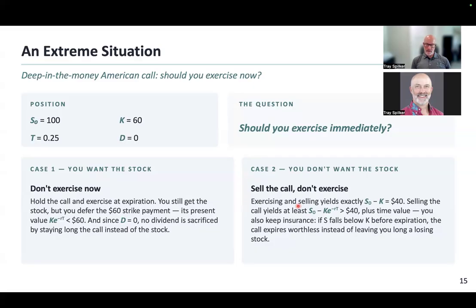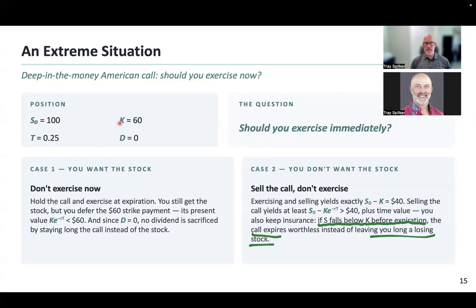And if the share price then falls below the strike price over the next 3 months, I'm left with a large losing position in the stock, whereas the call would simply expire worthless. Let's put numbers to it: I give $60 and I get the stock.